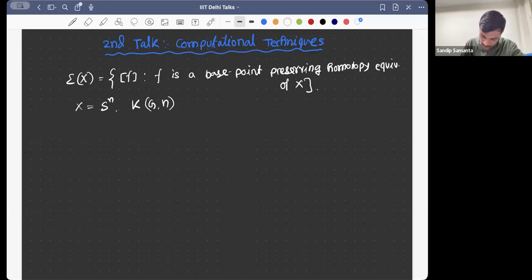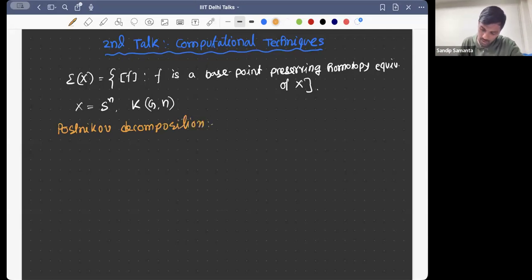Okay, so let me start with the construction of this Postnikov decomposition of a space. The setup is we have X a connected space.